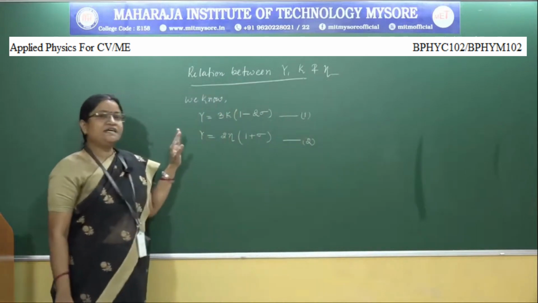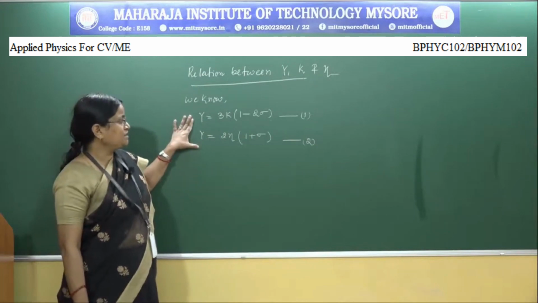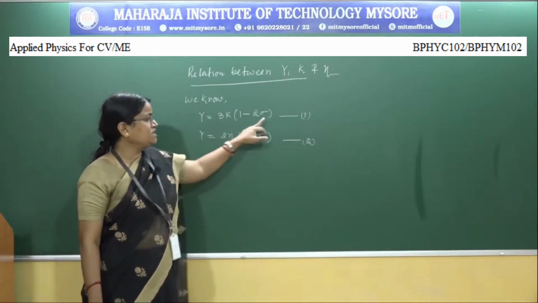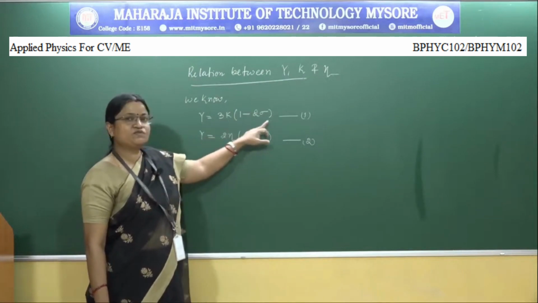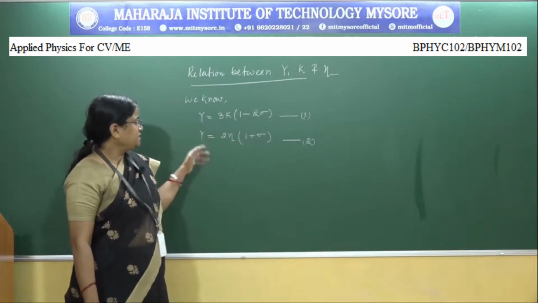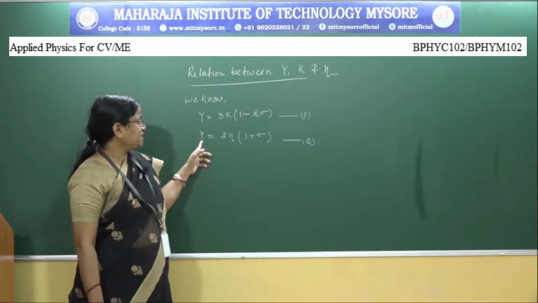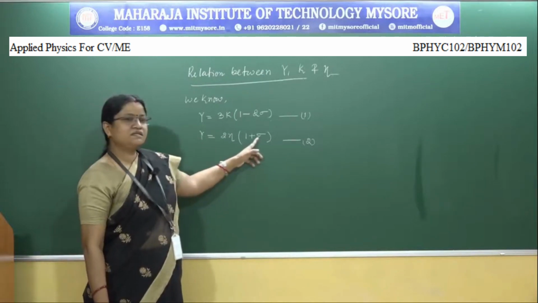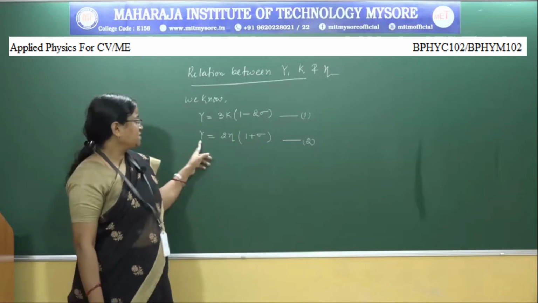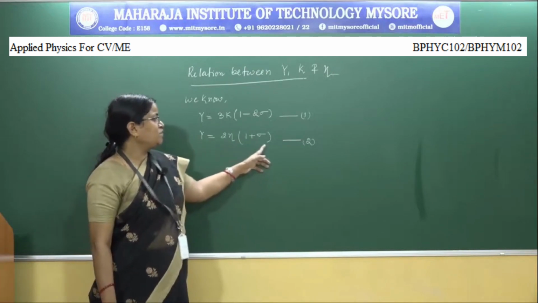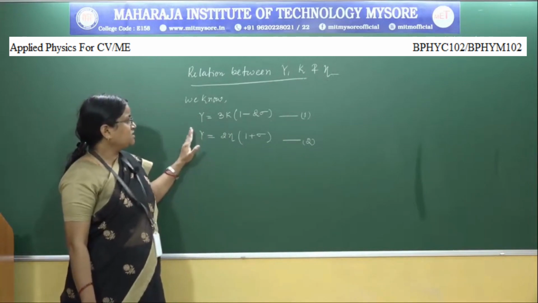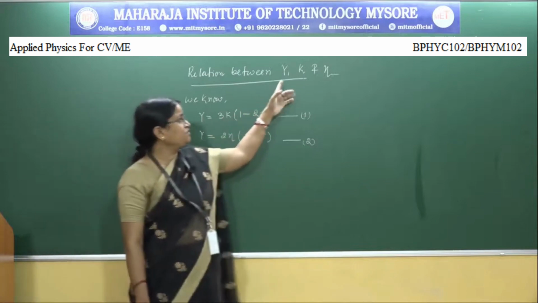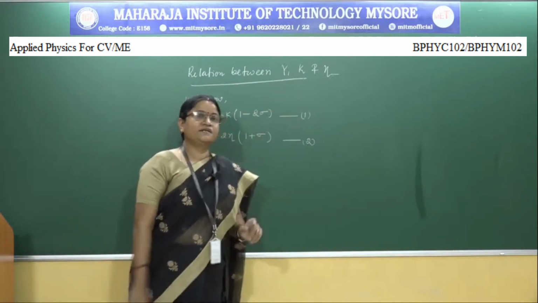As already explained, the relation between Young's modulus, bulk modulus and Poisson ratio is Y is equal to 3K(1 minus 2 sigma), and the other relation we have derived, between Young's modulus, rigidity modulus and the Poisson ratio, is Y is equal to 2 eta (1 plus sigma). So these 2 equations we will consider to derive the relation between Y, K and eta.